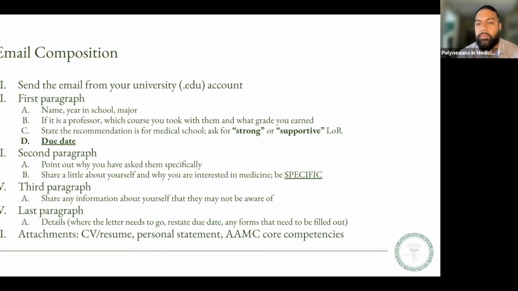The reason I say this might be useful to include in your email is that when your letter writer is writing, they could look at these core competencies and maybe speak to them, so that it looks good when medical school admissions committees are reviewing your letters. So hopefully that was helpful in terms of how to write your emails.